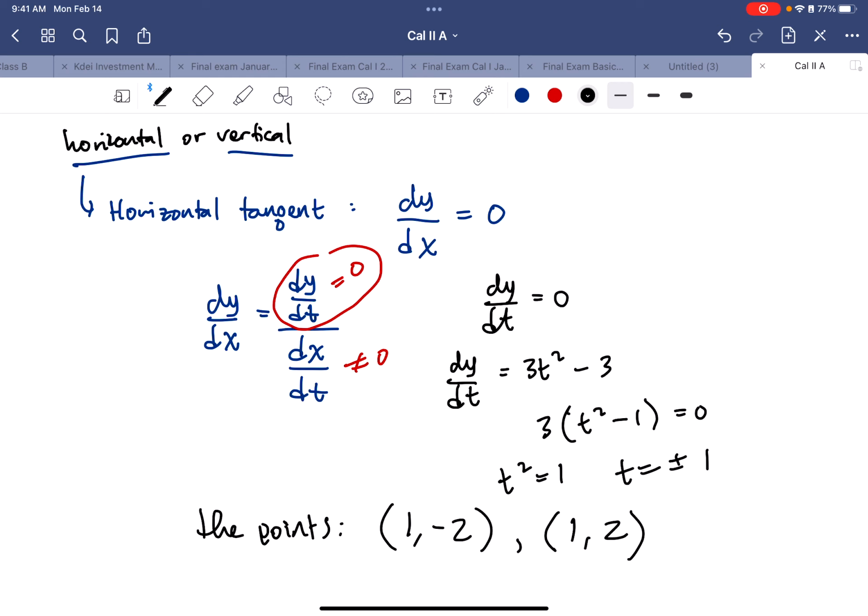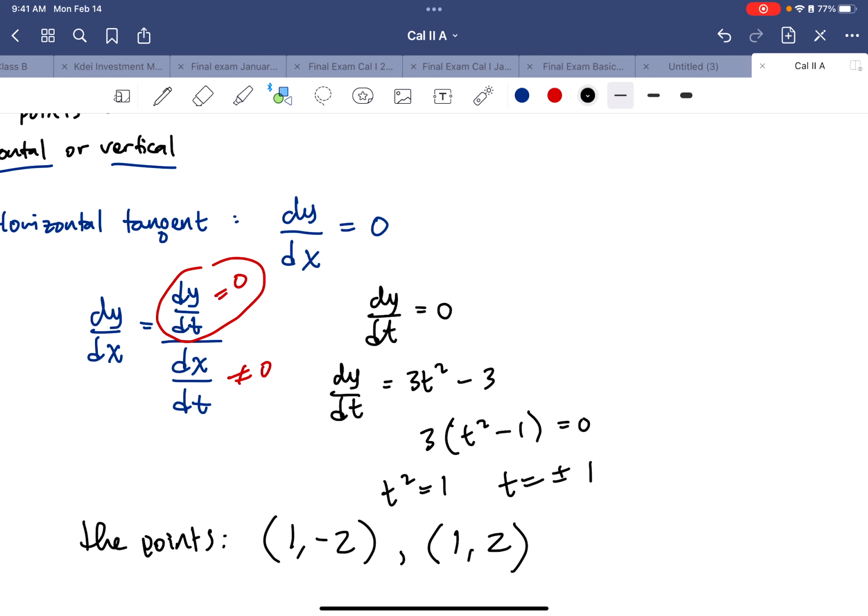Okay, if you are having difficulty with vertical or horizontal, you can check by making any random parabola like this. At every point you will see it has some slight changes in the slope, right?